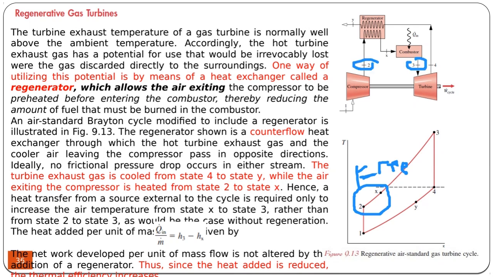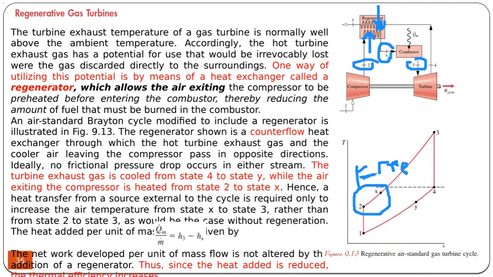We use some of the waste heat as 2 to X, which is the heat taken here. And that's why it's necessary to put less heat here.